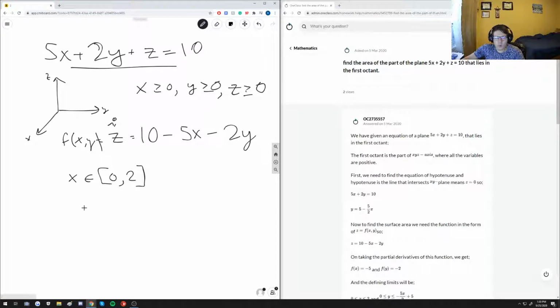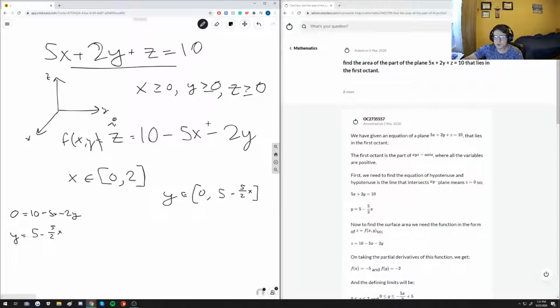And then y is going to be our variable, so y ranges from 0 to a function of x. So 0 is equal to 10 minus 5x minus 2y. This is the line representing how y varies. If we add 2y to this side and divide by 2, we get y is equal to 5 minus 5 halves x. So this is y as a function of x, and this is how y ranges.